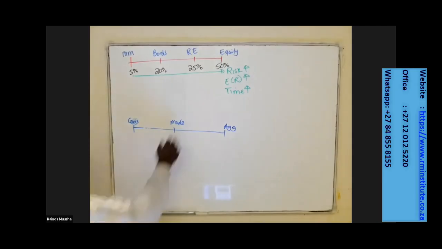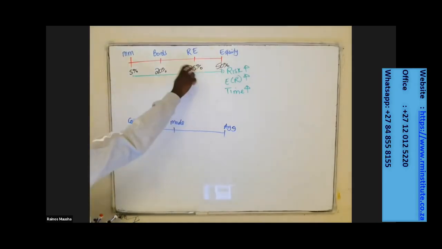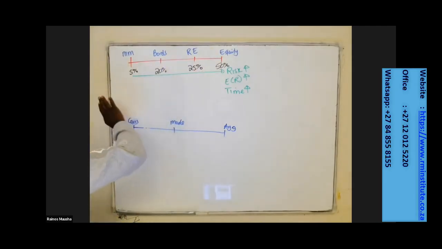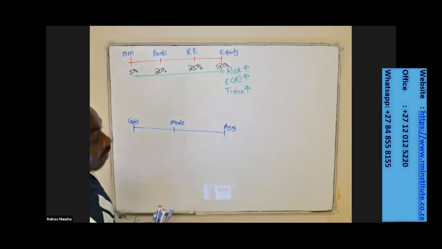So which means that in this case, 50 plus 25 plus 20 plus 5 makes up 100% of your portfolio.